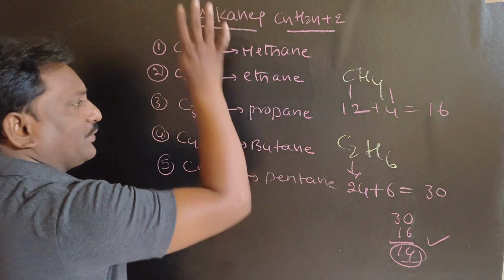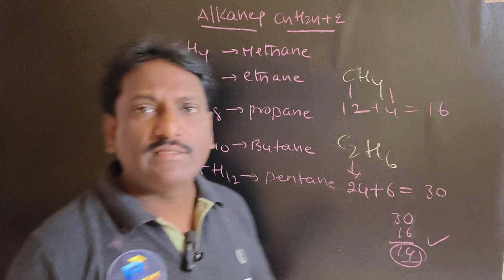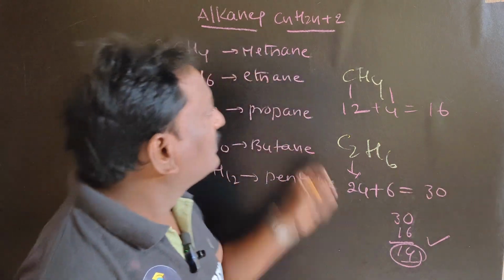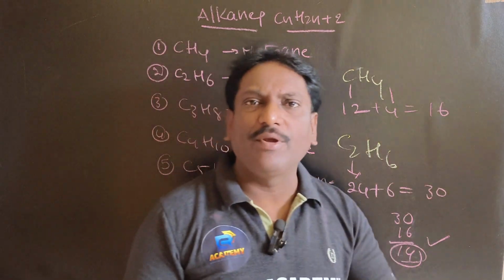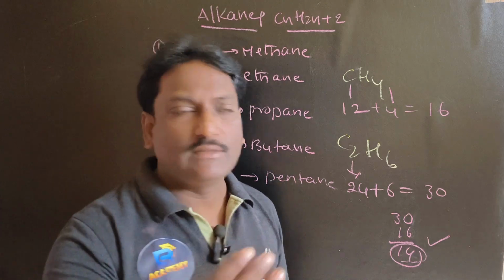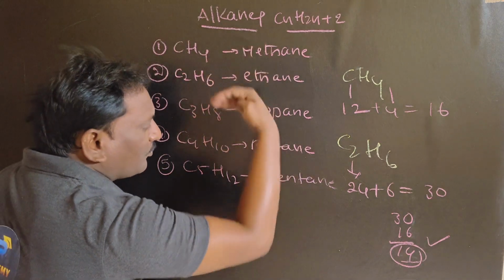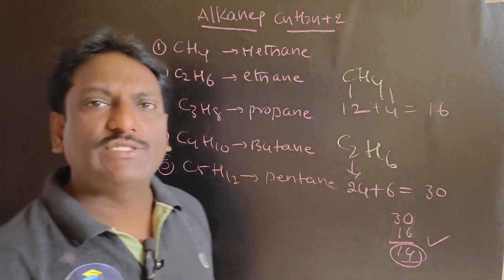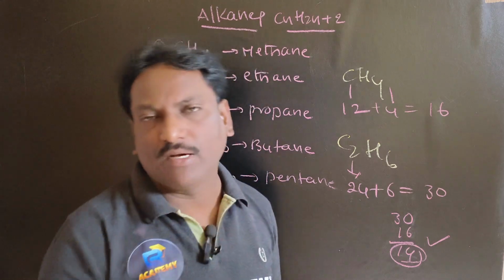A group of organic compounds having the same structural formula, same functional group and same chemical properties, but successive compounds differing by a CH2 group or 14 grams by mass.